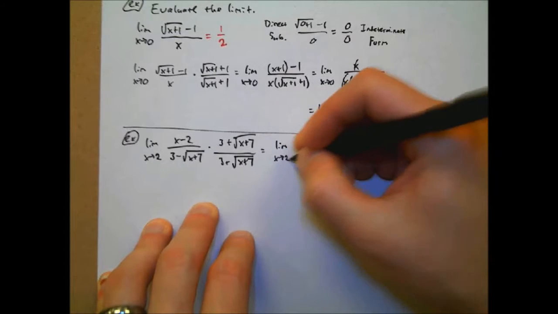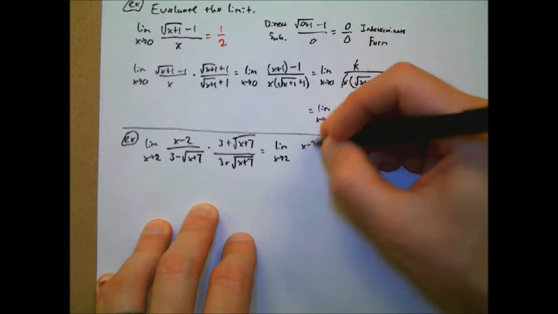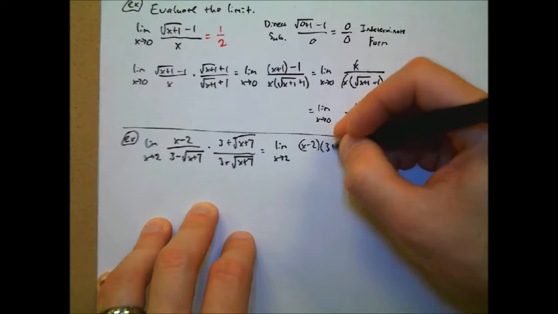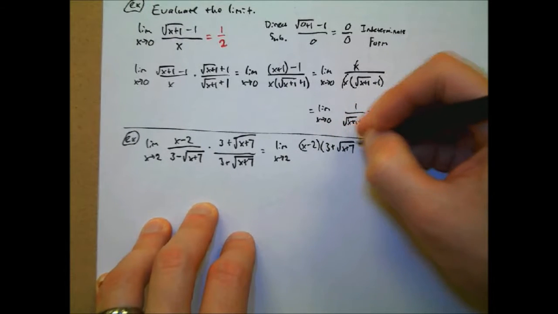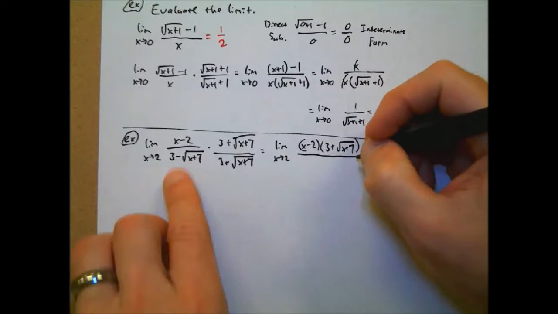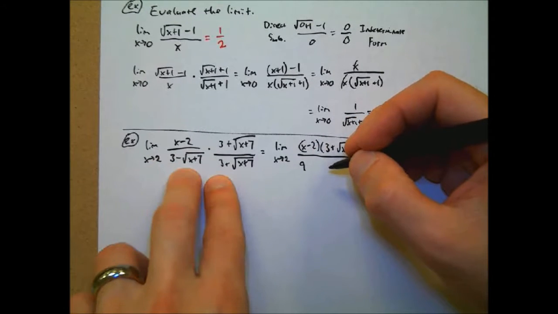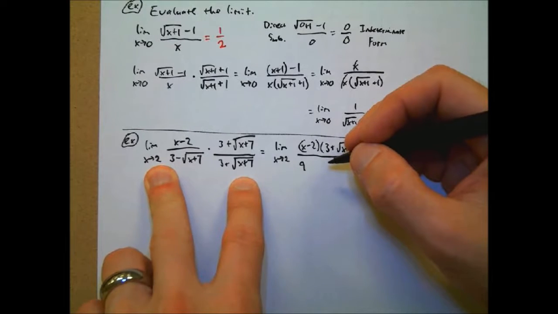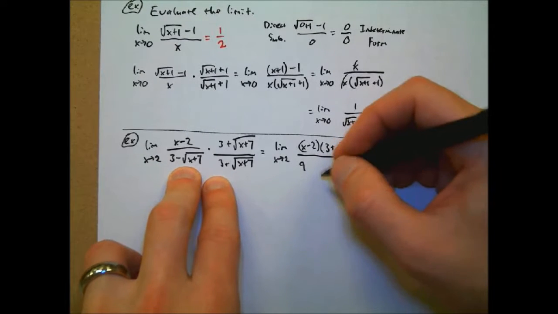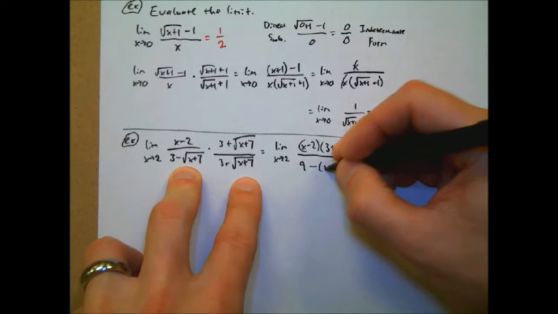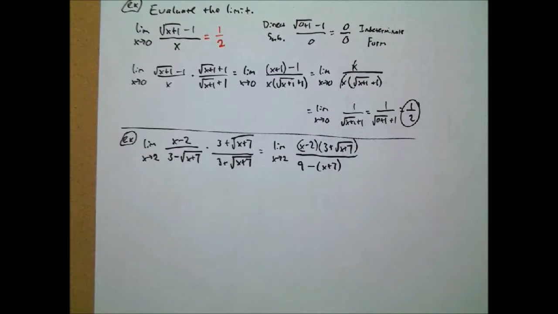So, again, I'm not going to multiply out that numerator now in this case because we're hoping it's going to simplify for us. But the denominator I will multiply out. So again, first will be a 9. The outer and the inner, right, we have a positive 3 root x plus 7 and then a negative 3 root x plus 7. So that's going to cancel out. And so we have minus then the quantity x plus 7, minus the quantity x plus 7, right?